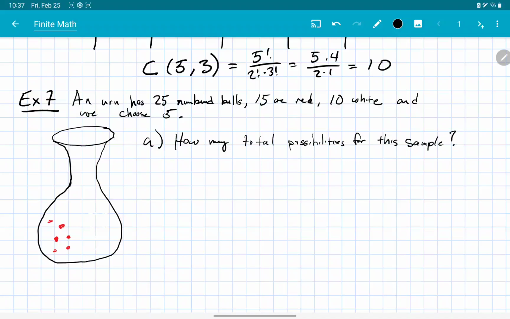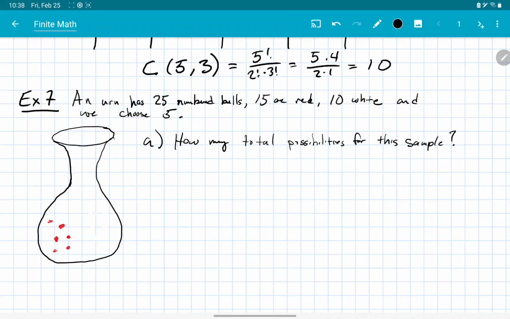This is I guess it's a little ambiguous here. Do we care what order we choose the 5? Well, if you're playing lotto, the order matters, right? We don't care about order for this though. The order doesn't matter. It's like we're sticking our hand in and grabbing 5 at a time and pulling them out, right? Like when you give your little brother the Cheez-It box, he just goes for as many as possible. Right? So we're taking 5 out at a time. The order doesn't matter. They're all coming out at once.